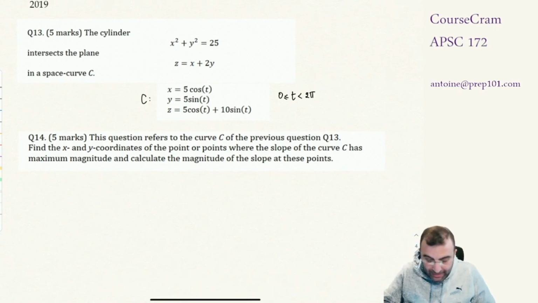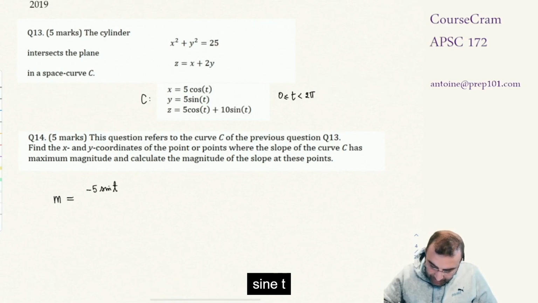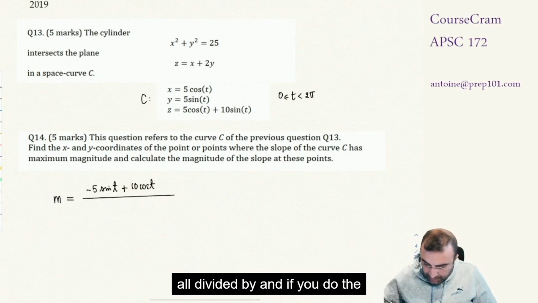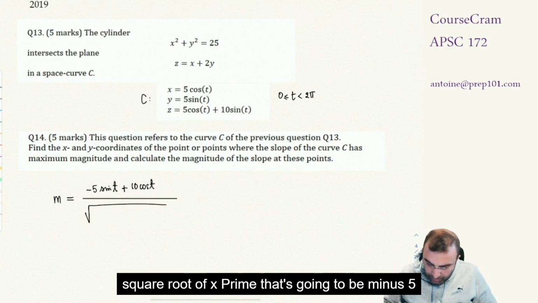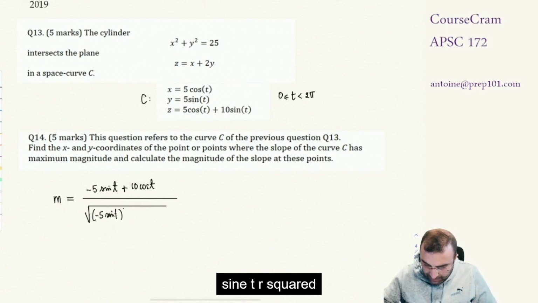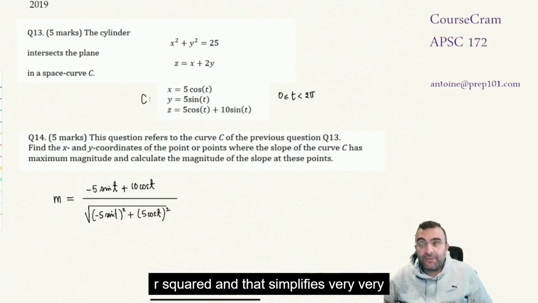So what is m? The slope, that would be y prime over x prime, so negative 5 sine t plus 10 cos t, all divided by the square root of x prime, that's going to be minus 5 sine t all squared, y prime is 5 cos t all squared, and that simplifies very, very nicely.